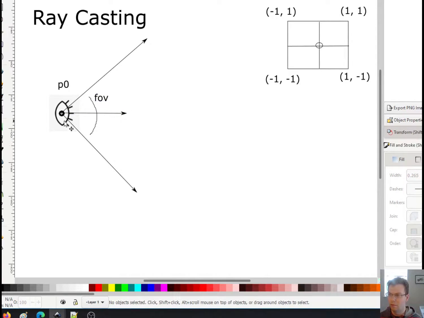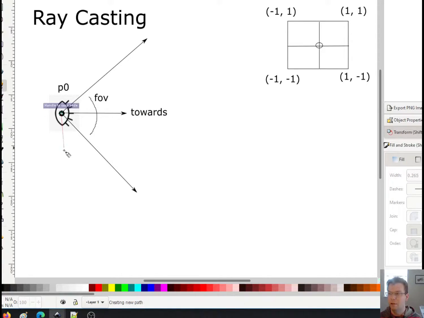So we need to know where the eye is looking. And for that, we actually need two things. We need a vector that says what is the direction towards. So I'm getting a little sloppy here. These are vectors, towards and p0. So p0 is the position of the eye. Towards is a vector.